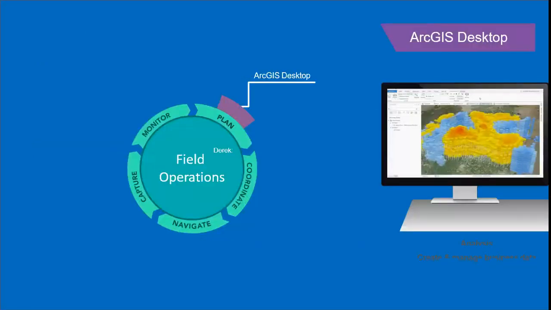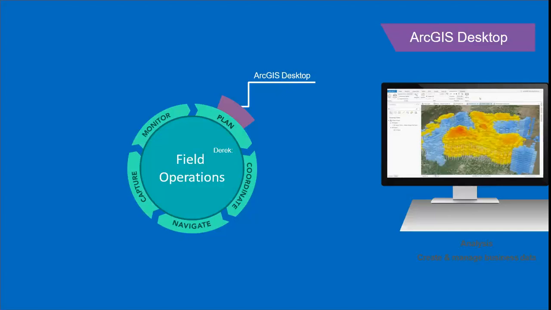So this field operation phase and life cycle, what is it and how can each app help in this process? Well, for the first part of the process, what you do is plan your assignment. What is it that I'm going to do? What particular workflow am I working with? In the planning phase, of course, you use your ArcGIS desktop applications for this.